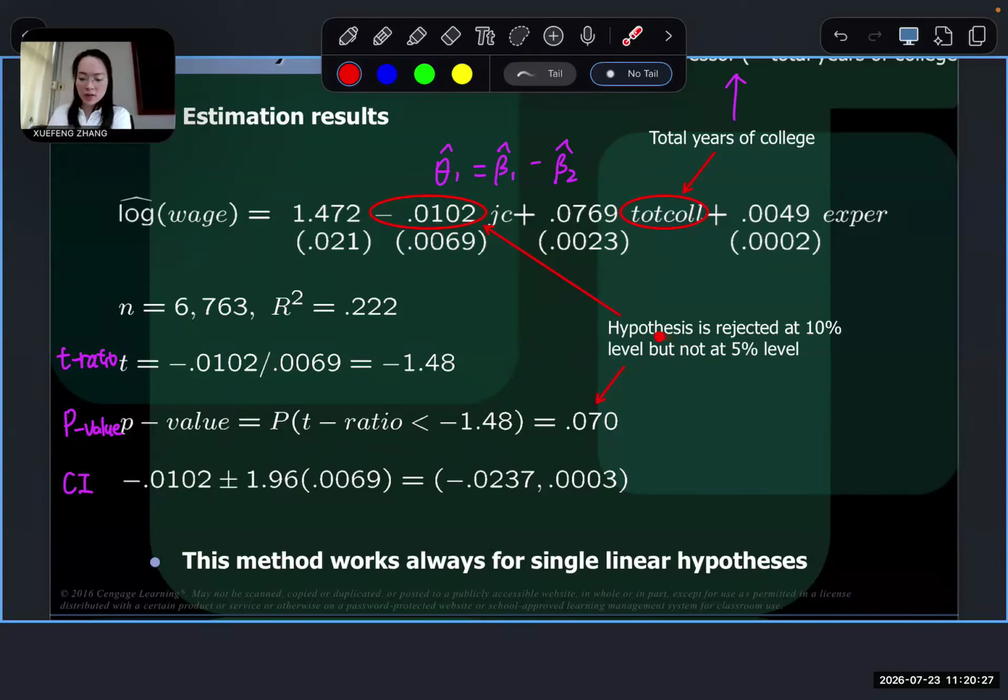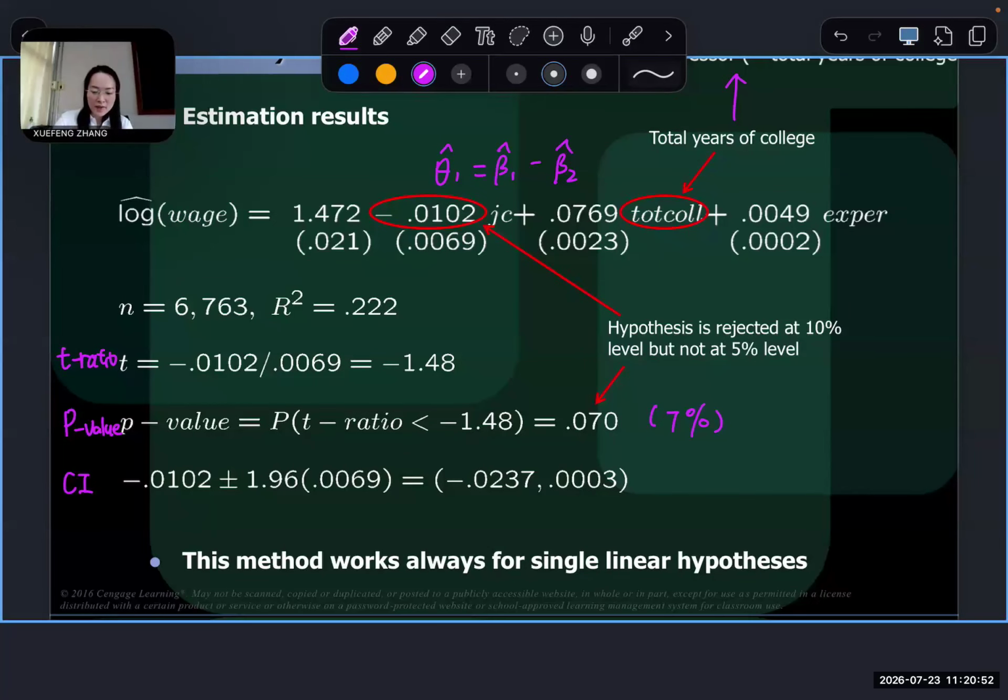That's why I showed you here: the hypothesis is rejected at the 10% level, but not the 5% level. So basically, this p-value is 7%, right? That's why you compare with our critical values, 10% and 5%.